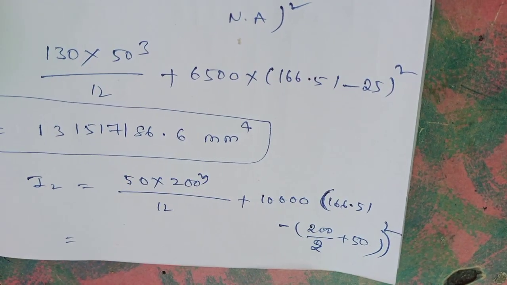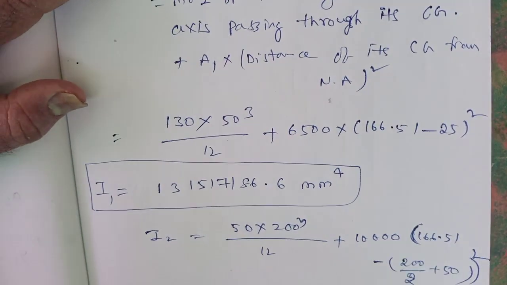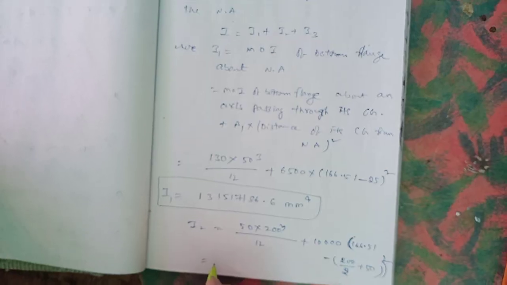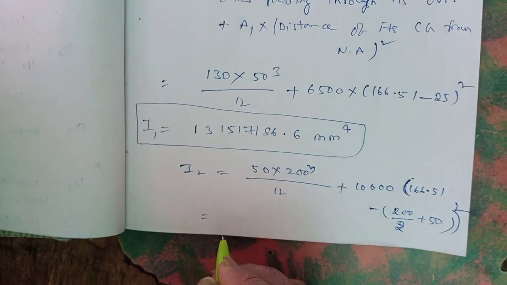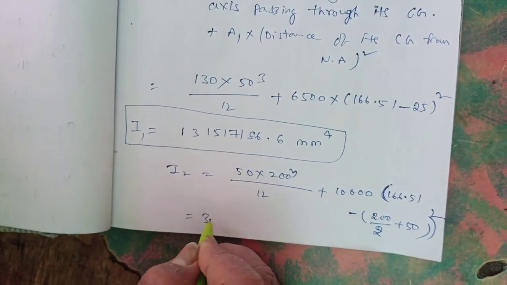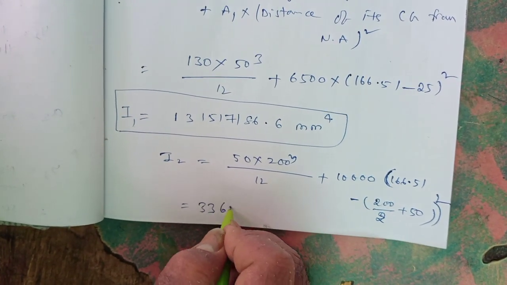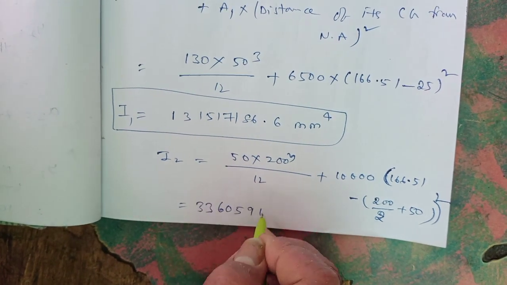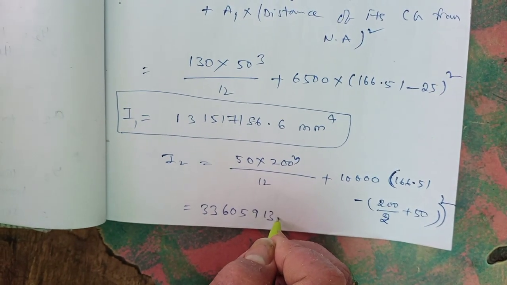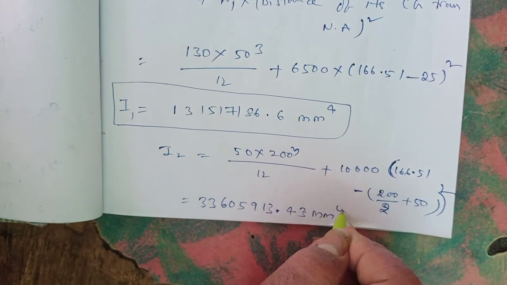So 166.51 minus 200 by 2 plus 50, whole square. I2 equal to 33 60 59 13.43 mm to the power of 4.